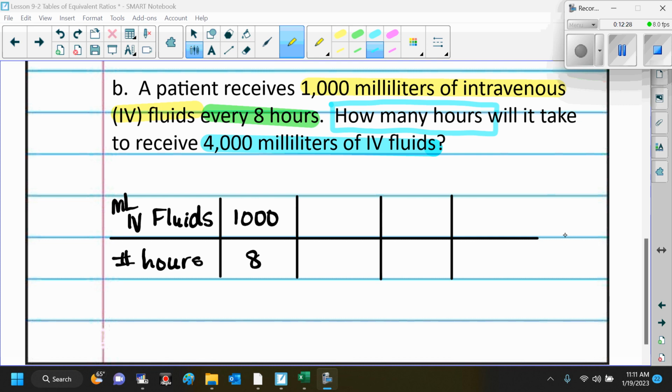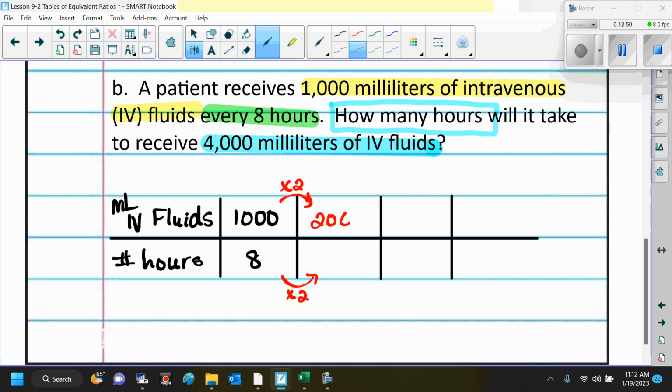Yes, I know you can multiply the 1,000 times 4 to get straight to it, but we want to fill in our table. So, to get from 1,000 to the next one, we're going to multiply times 2. That's going to give us 2,000 to what?